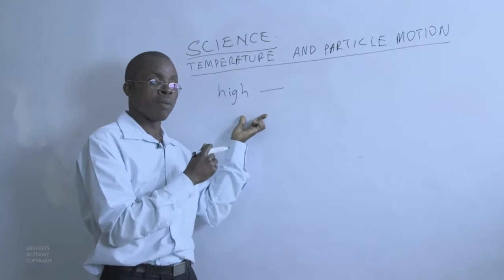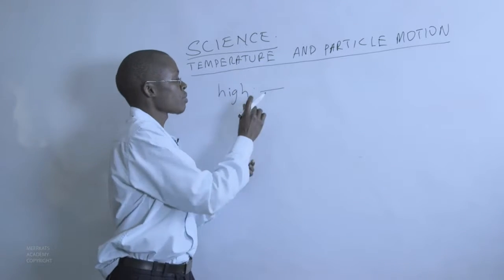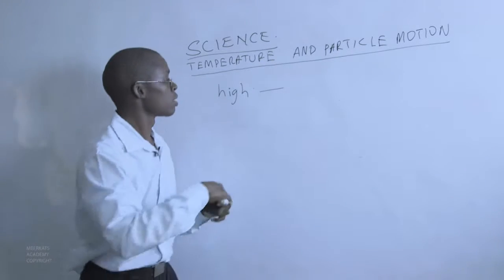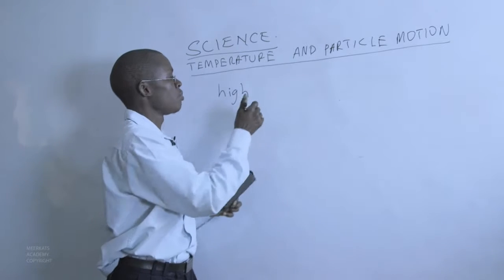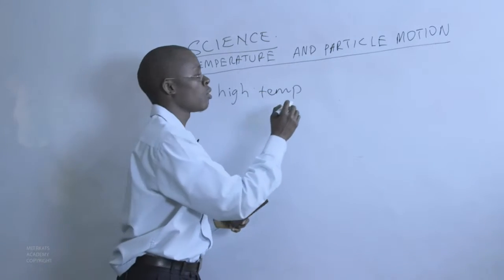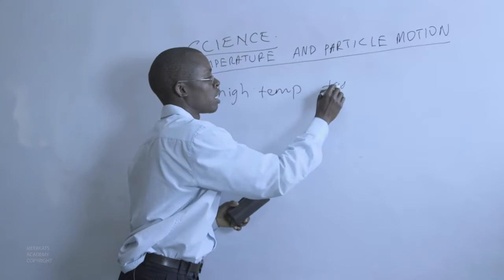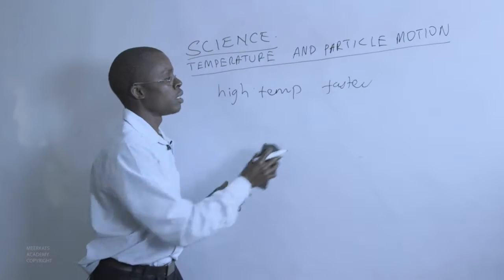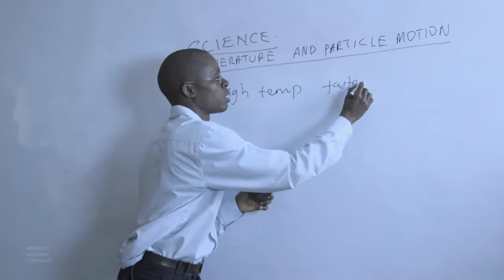So, in summary, at high temperature, the movement of particles is faster.